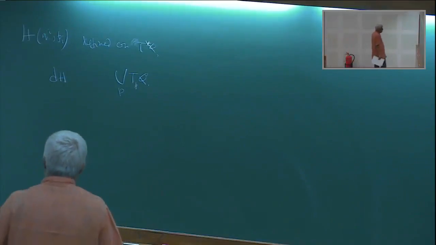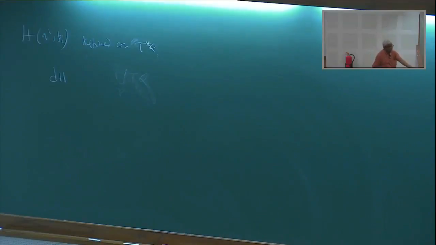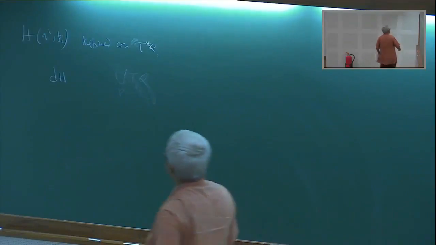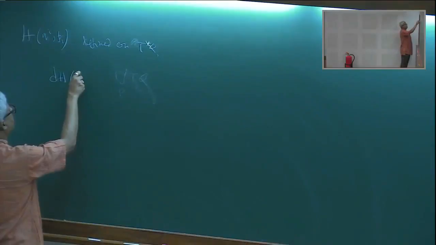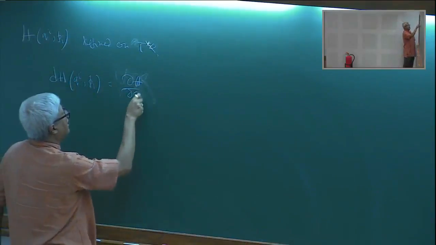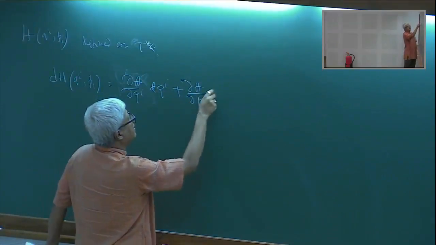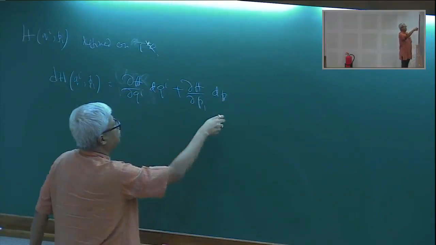Now, you don't have to know much. Say, for example, I don't know where the duster is. Okay. So let's see, if I do this with q_i, p_i, then del H del q_i dq_i plus del H del p_i dp_i. This is one thing you know.